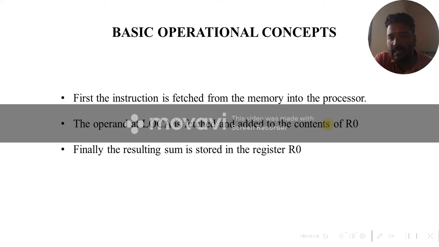R0 is nothing but a register. Okay, R0, R1, R2 are general purpose registers. They are used for storing and retrieving a particular type of data from the memory. So finally, the result is stored in the particular register that we specify. Here R0 is the register name that I have given.